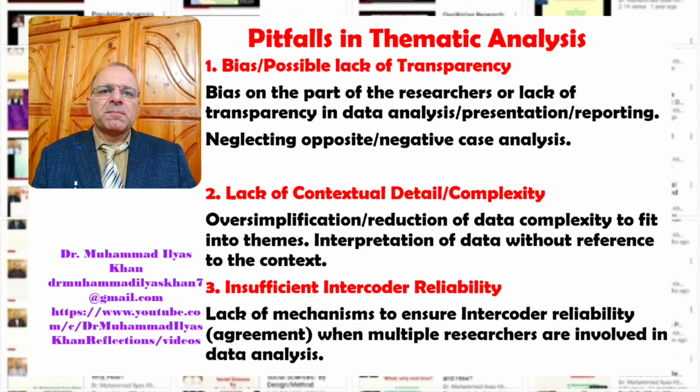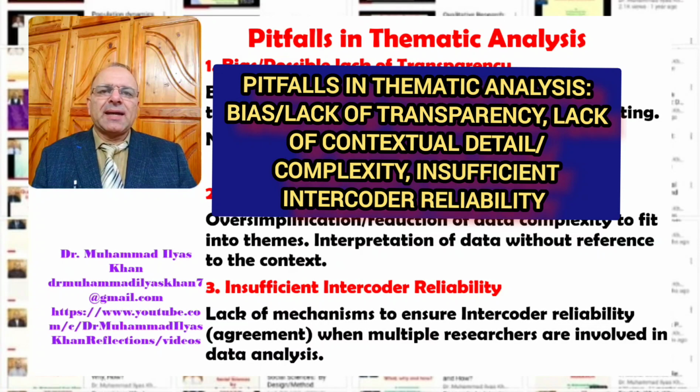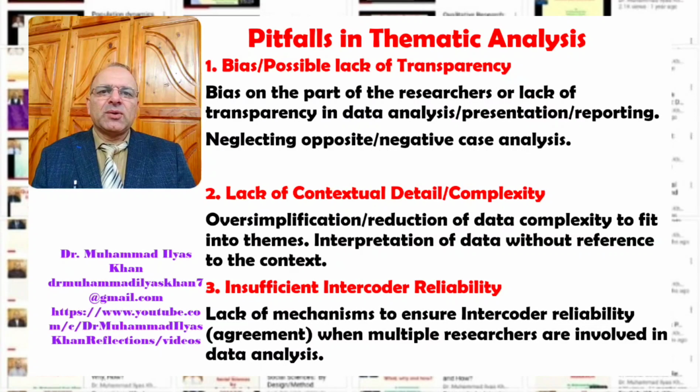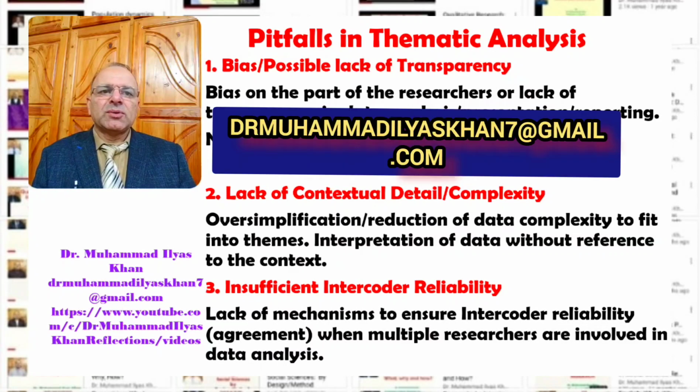And lastly, the last pitfall that we as qualitative data thematic analysts need to take into consideration is insufficient intercoder reliability. In some cases, more than one researcher is involved in the process of data collection, analysis, and interpretation. If there is a lack of a mechanism to ensure intercoder reliability or agreement related to the meaning of a theme or the kind of data that represents a particular theme, then multiple researchers can interpret data in more than one way.